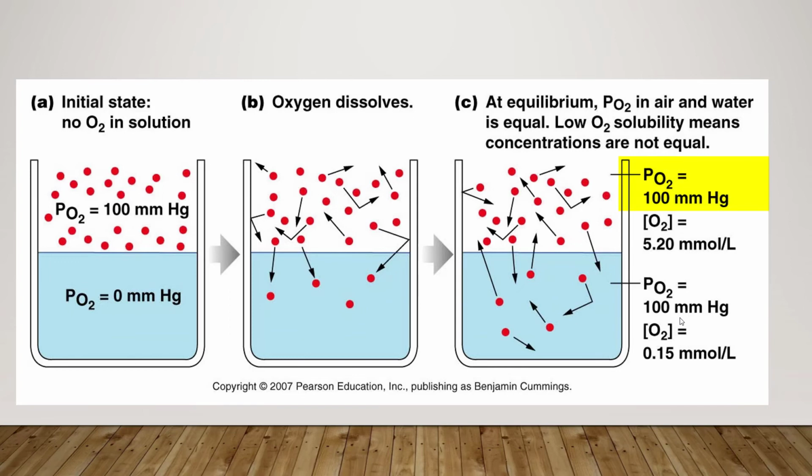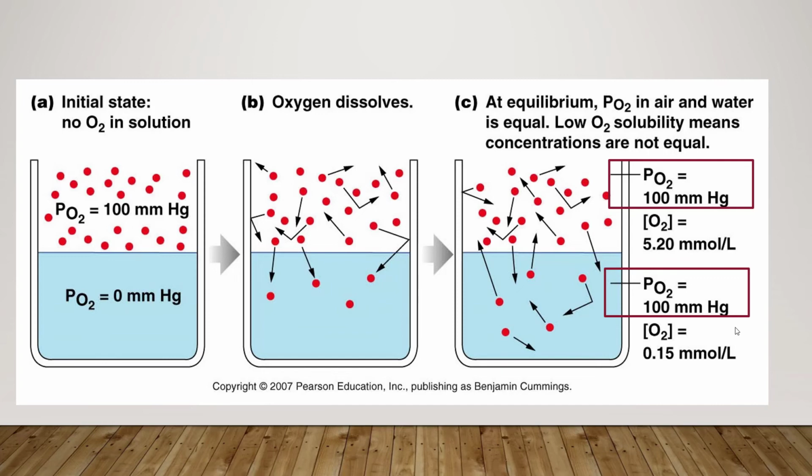So we know that the partial pressure in air was 100. And to denote that equilibrium has been reached, we apply whatever number we calculated in air, and we say, okay, whatever this is at equilibrium, it also has the same partial pressure. It's really weird the first couple times you see it, because technically the partial pressure in a fluid doesn't mean anything.